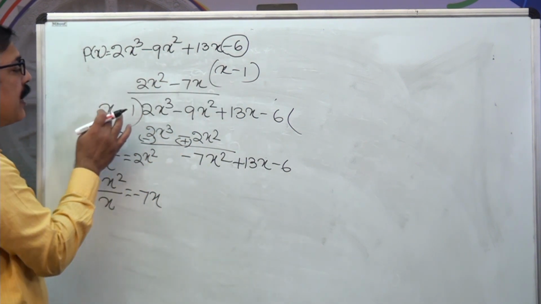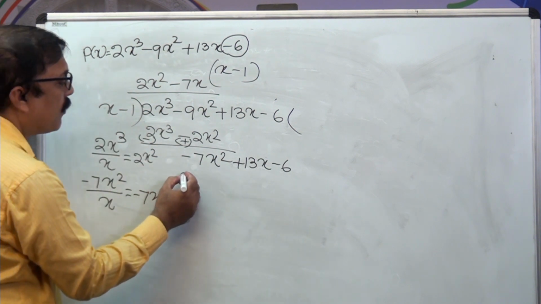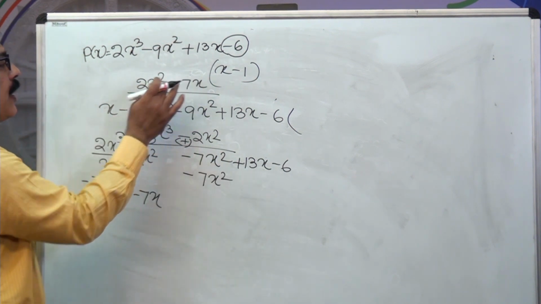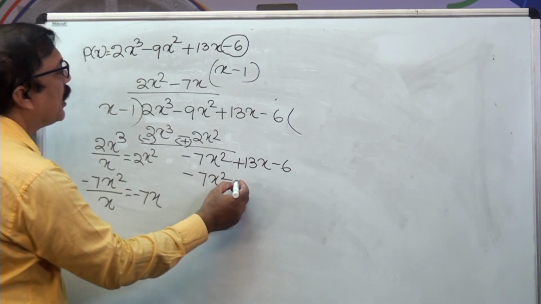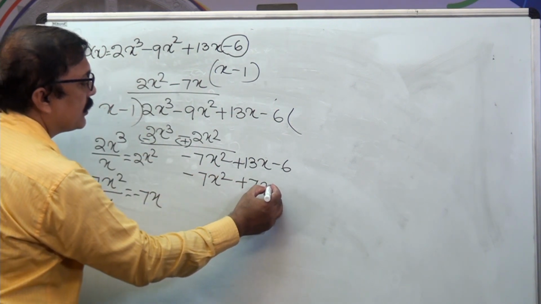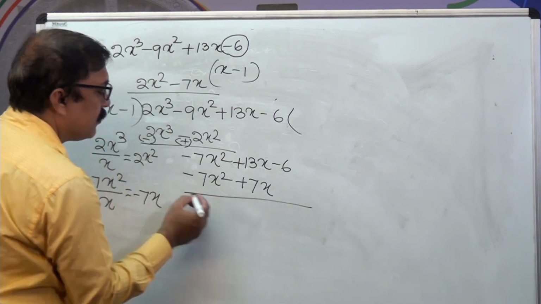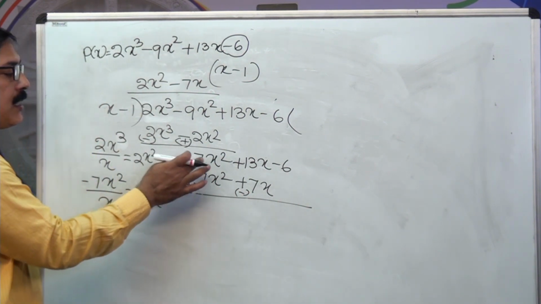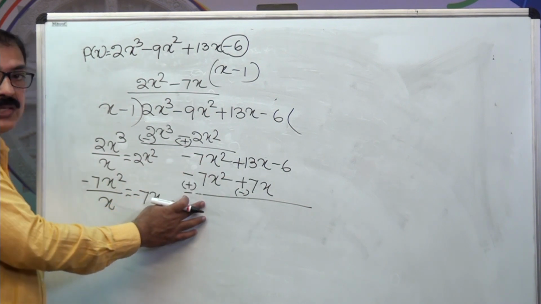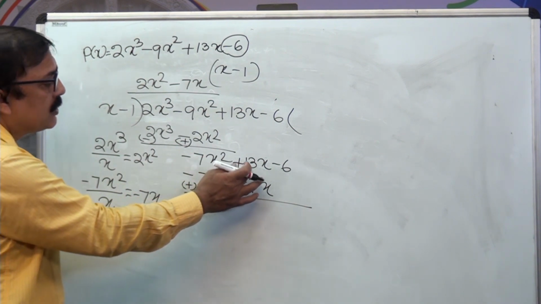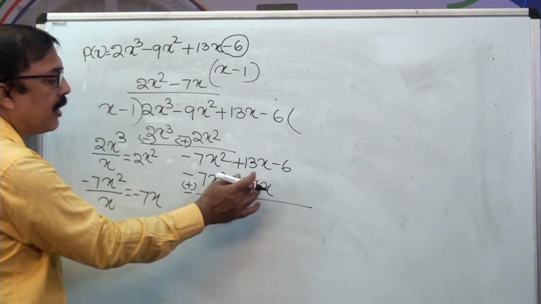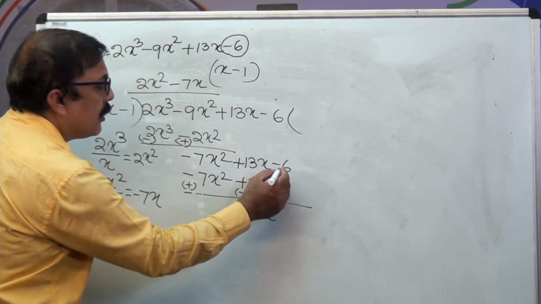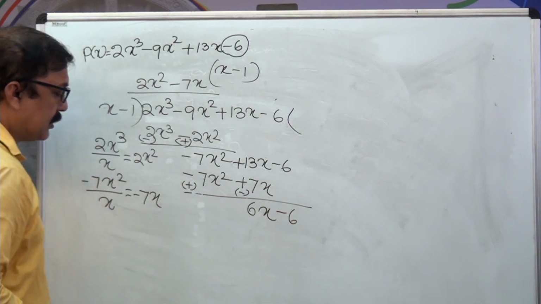So minus 7x into x gives minus 7x square, and minus 7x into minus 1 gives plus 7x. Now change the sign. Minus 7x square plus 7x square is 0. Plus 13x minus 7x gives 6x, and here it is minus 6.